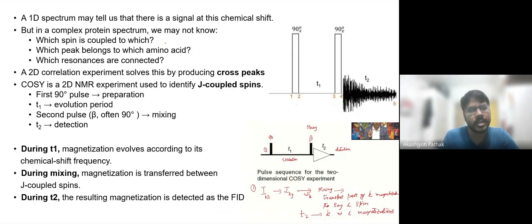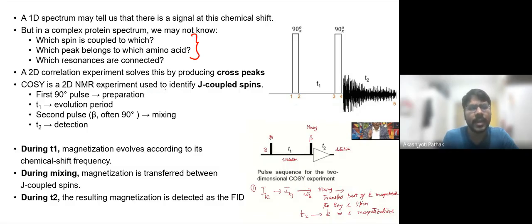So whether these protons belong to the same amino acid or are part of different amino acids, which resonances are connected. All this information is not provided by a 1D NMR experiment. A 2D correlation experiment will provide information on these by producing cross peaks.